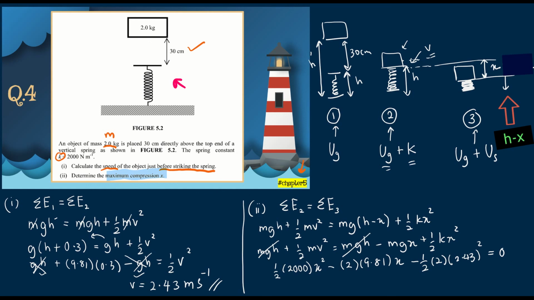You realize that our equation is now a quadratic equation. You can press your calculator, then you can have x equal to, your answer is supposed to be 8.7 times 10 to the minus 2 meter.